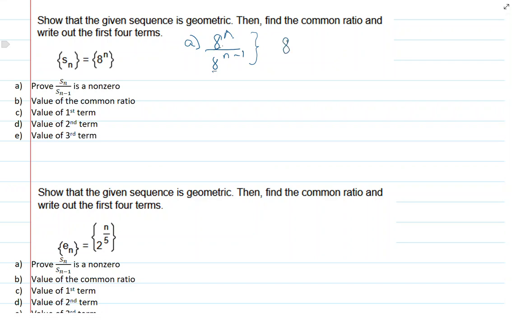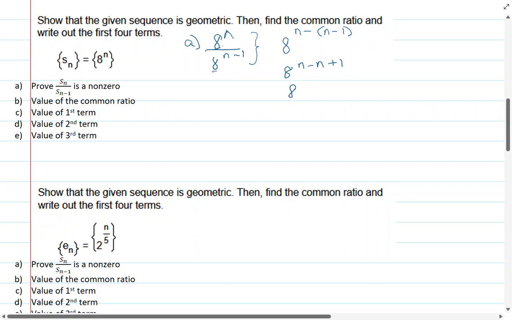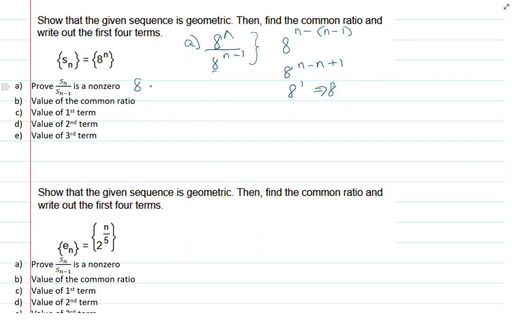So we're going to say 8 to the n minus the exponent of the bottom one. When we do that, we're going to do the distributive property, and we get 8 to the 1. Well, what is 8 to the 1? 8. So 8 is a solution, and it proves it is non-zero.